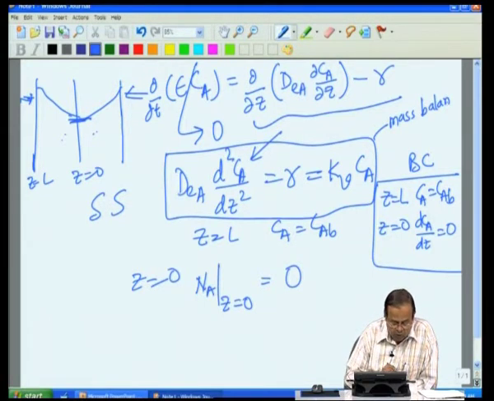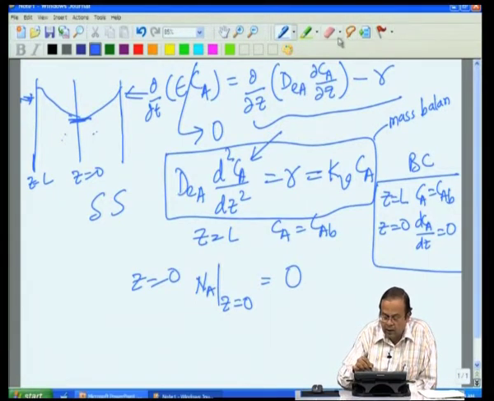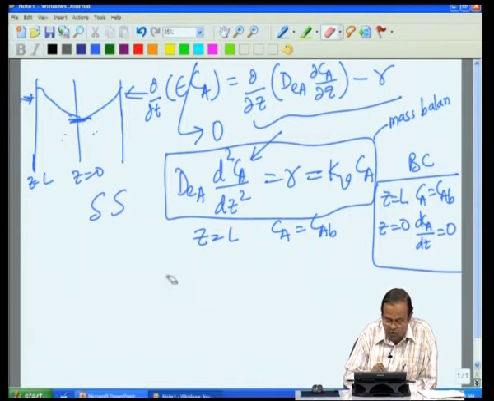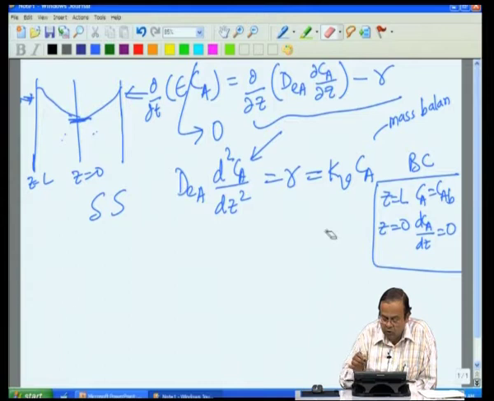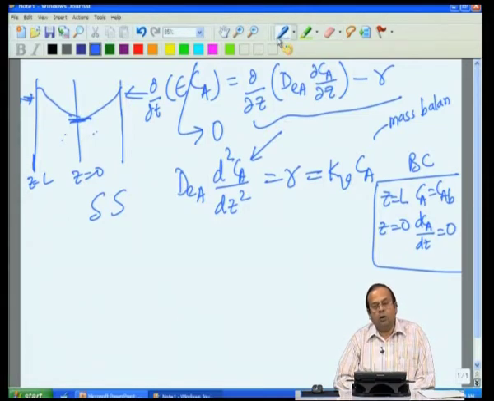Now, we would like to look at how the solution looks like, and before we look at the solution with these boundary conditions, let us try to manipulate this equation a little bit. The reason for manipulation will become clear in a minute.